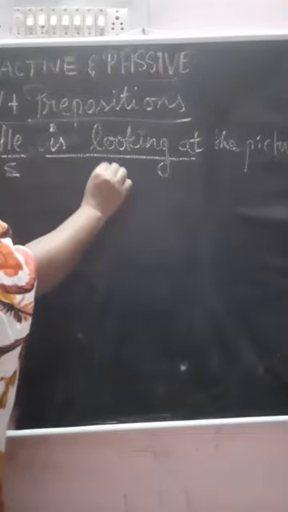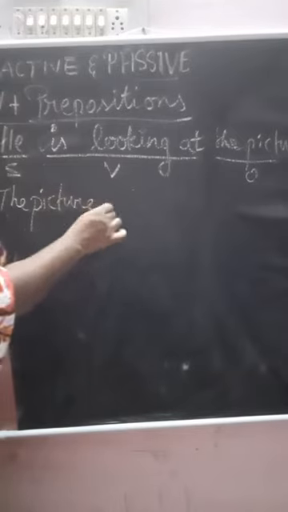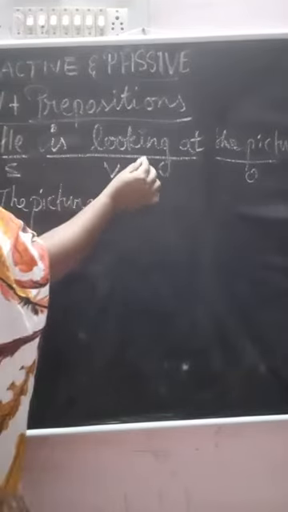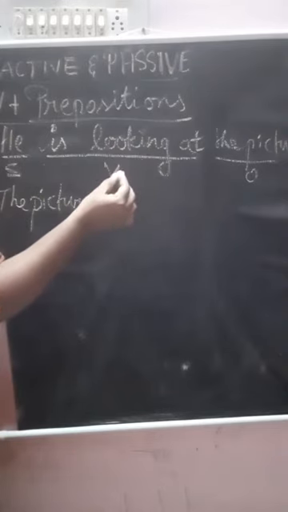For example, let us see here. Subject, verb, and this is the object. So the object comes to the subject place. The picture. What's the verb here? Is looking, present continuous tense. So in passive, am or is or are plus being plus V3.